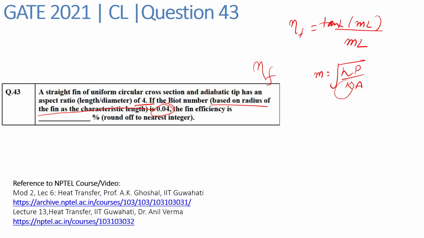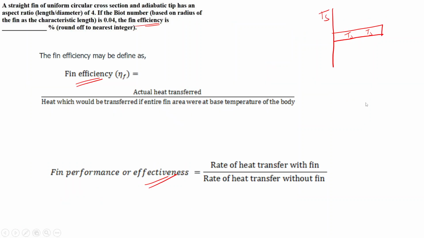I will wait for, I think, 1 or 2 minutes. If you have any doubt, then you can ask. Then we can move on to another question. So this is how we define the fin efficiency and fin performance or effectiveness. Both are different measures to calculate the performance of the fin.